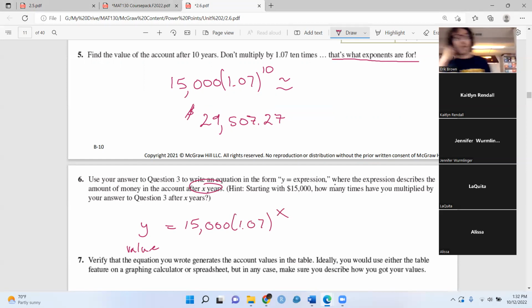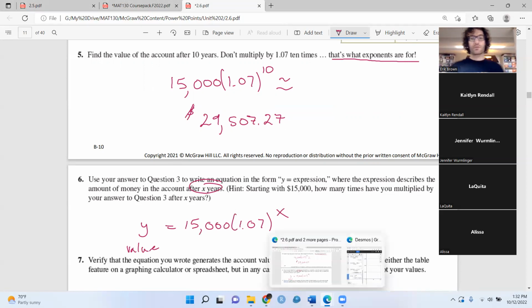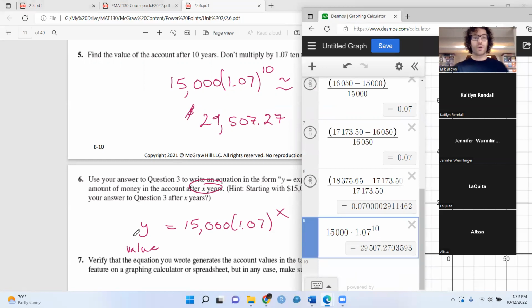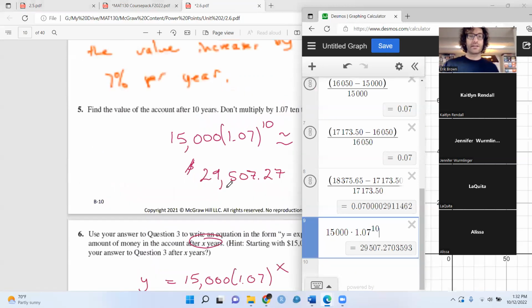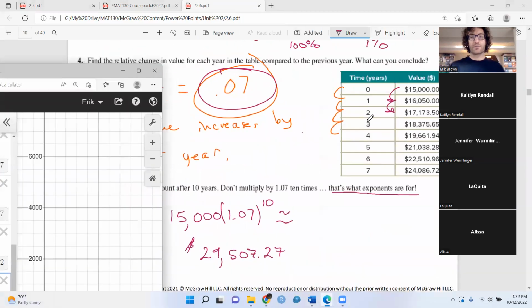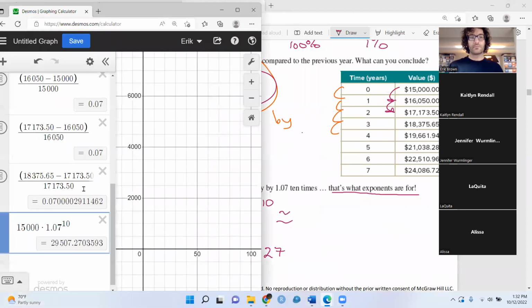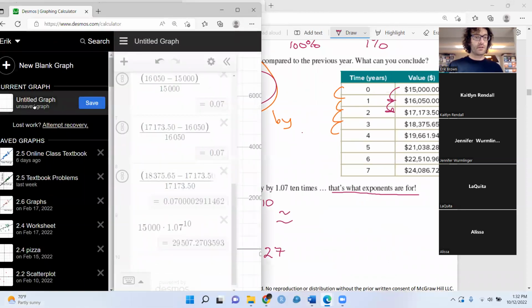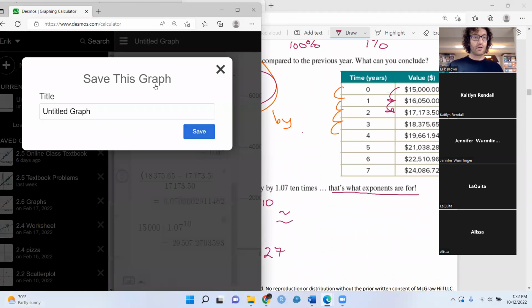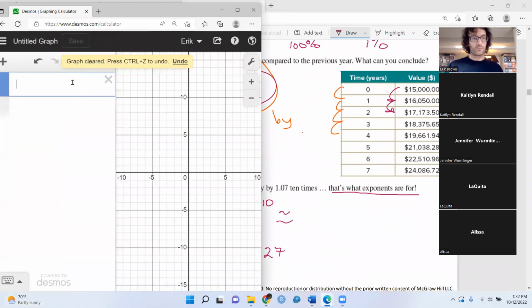So to verify that this works, let me show you a trick in Desmos. We want to show that this gets us the exact same values as what we got here. So we're going to do what we did with Jennifer at the beginning, where we type the equation in.